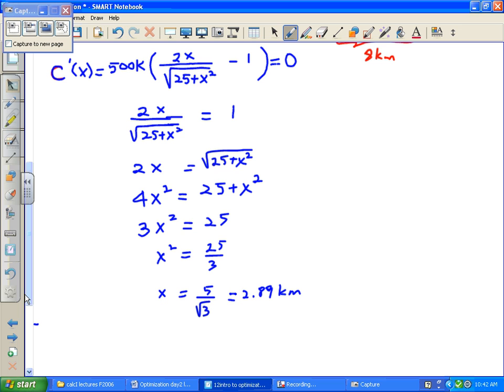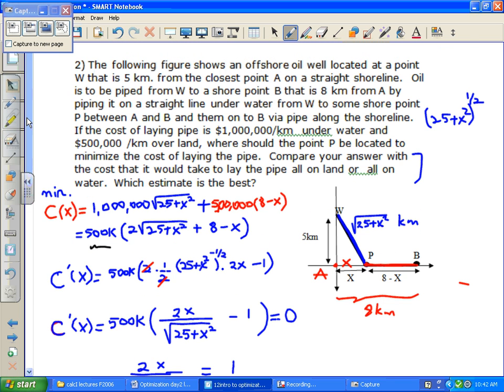Okay? In this case, what are the endpoints of our interval? So x, you look at the picture once again. The lowest x can be is if you directly connect with the shore right away, then basically x is 0, right?